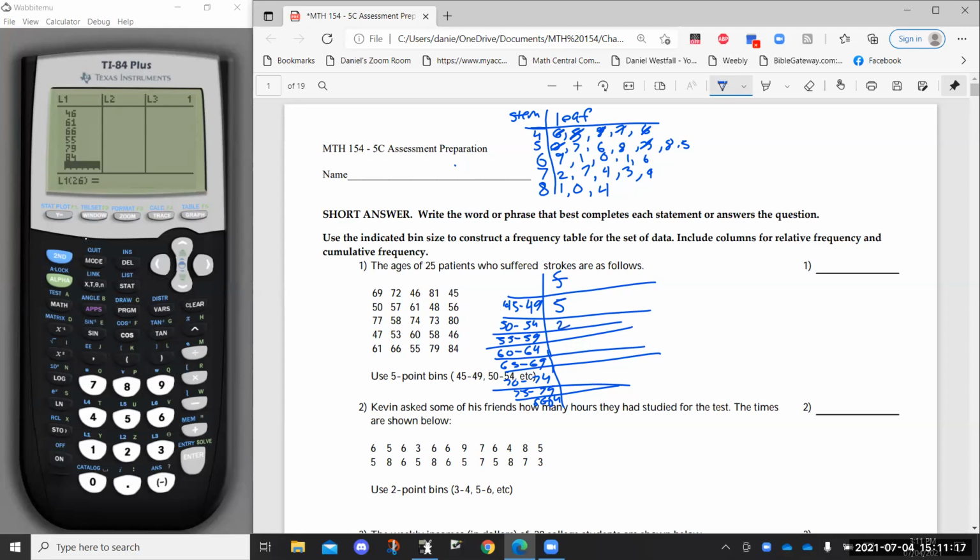Then I have 55 to 59. 1, 2, 3, 4, 5. 60 to 64. 1, 2, 3. 65 to 69. 1, 2. 70 to 74. 1, 2, 3.